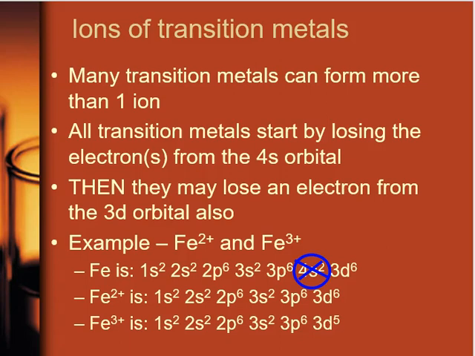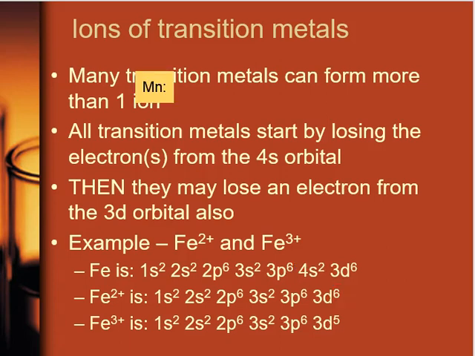And to get to a 3+ ion, it needs to lose an extra electron, so it loses 1 of those electrons in that 3d orbital, and it goes down to 3d5. So that's the process it works through. Let me show you another one.